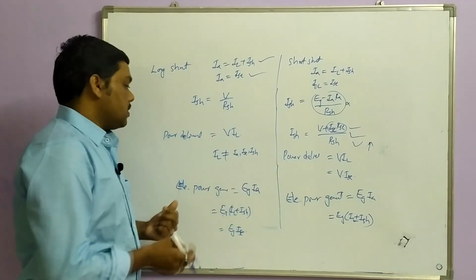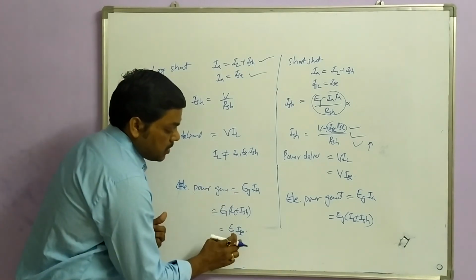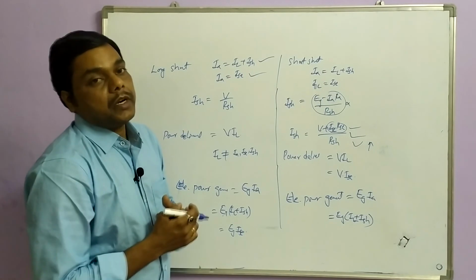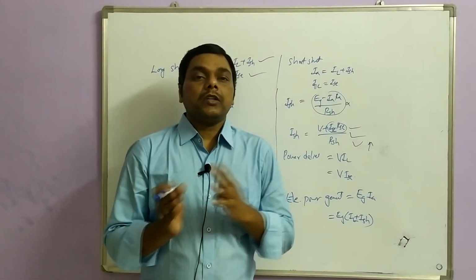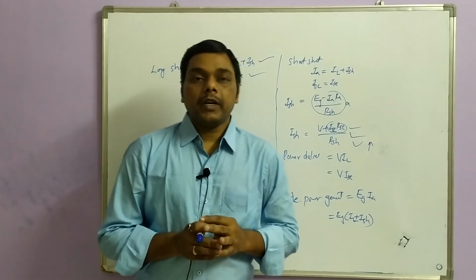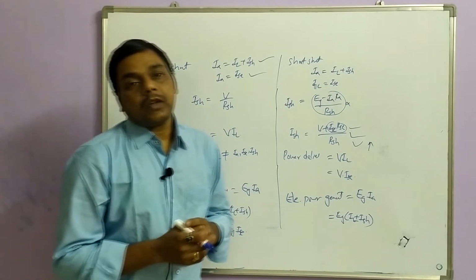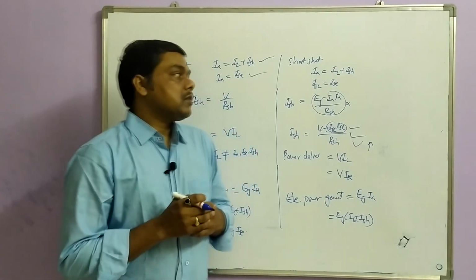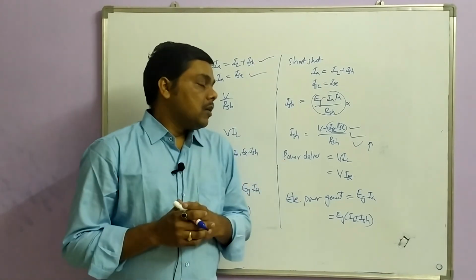Now here the power delivered may not be affected, but power generated is affected in this long shunt compound generator. So this is the basic difference between long shunt and short shunt compound generators. So based on these relations, we will go for different applications and we will make some simple numerical problems so that we can understand better.